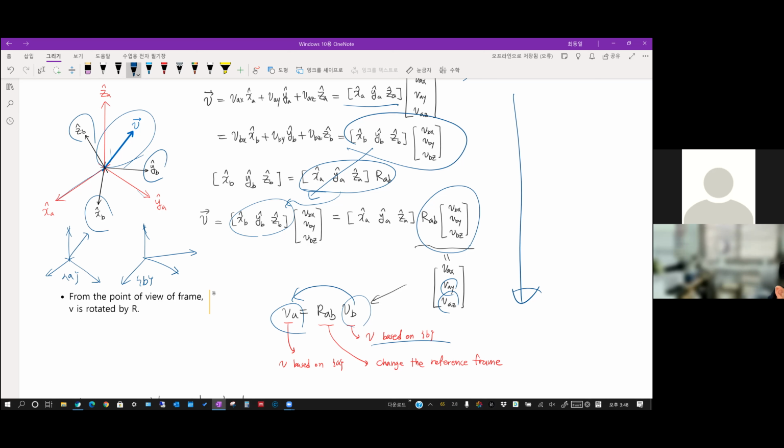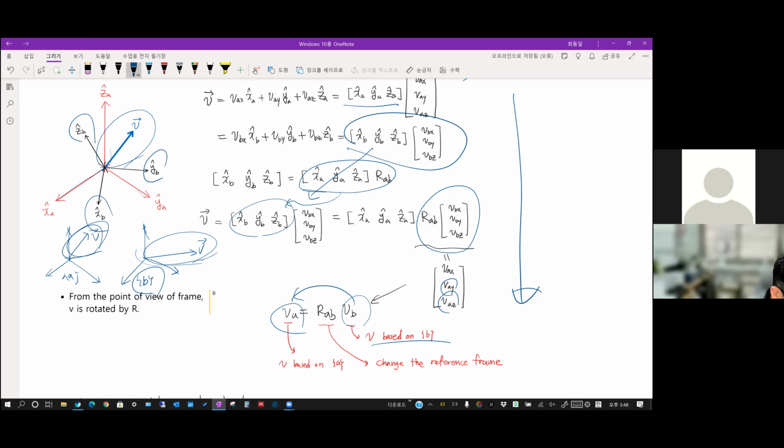So this V vector is the same V vector, but based on the reference frame, it is shown like this in A frame. It is shown like this in B frame.